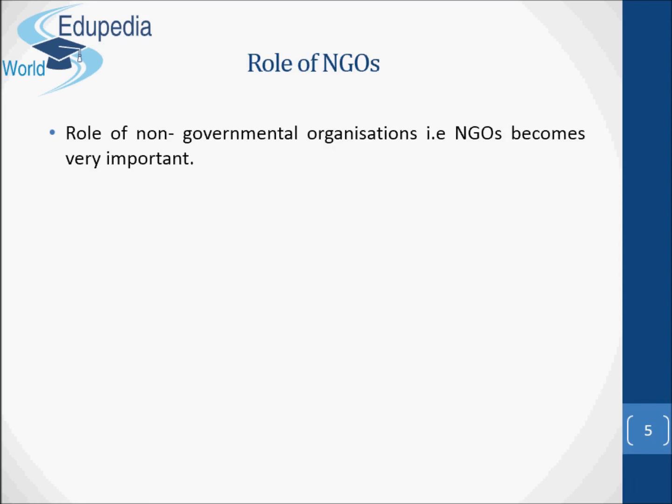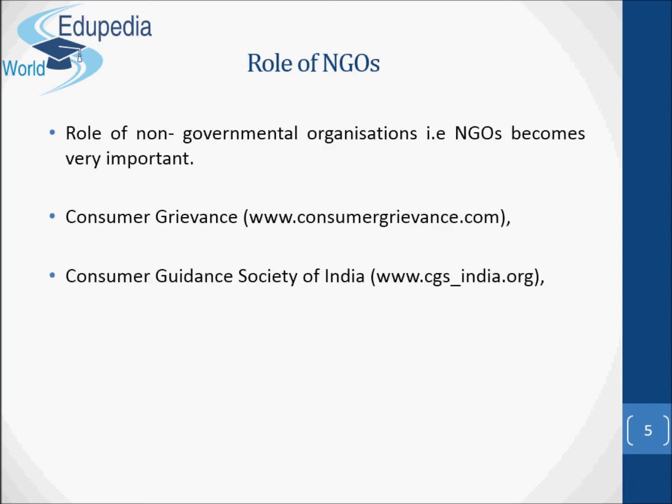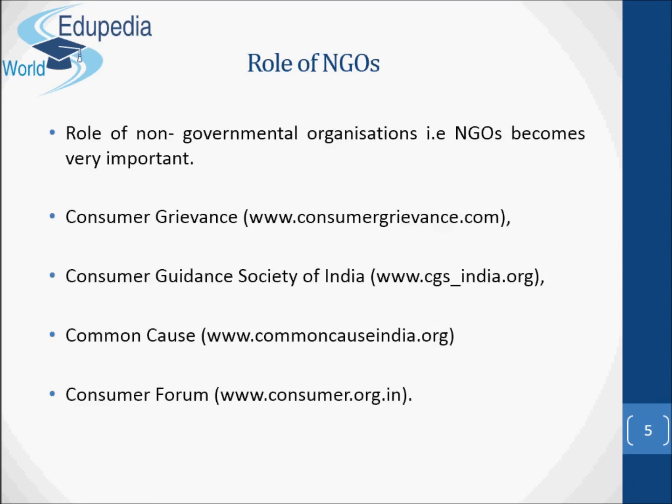One can lodge complaints with some NGOs like Consumer Grievance, Consumer Guidance Society of India, Common Cause, and Consumer Forum. NGOs not only help in filing a case, but also provide logistics, manpower, and other support. NGOs also conduct various programs to educate consumers about their rights and responsibilities.